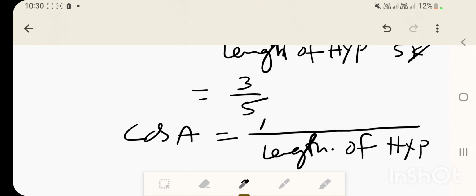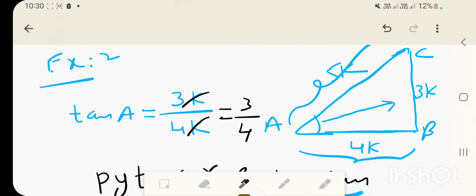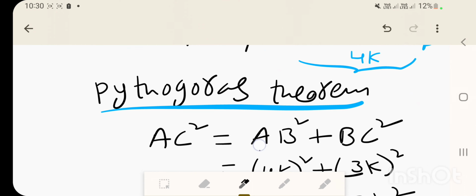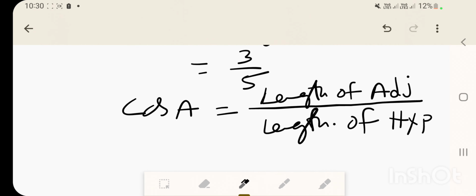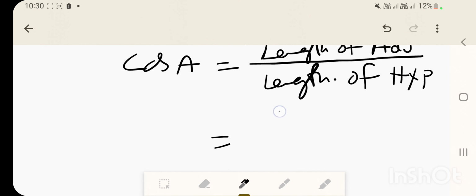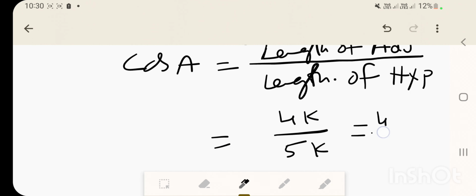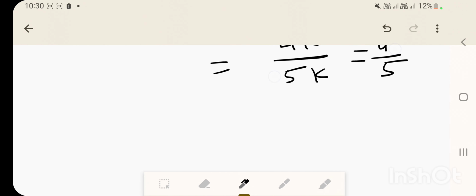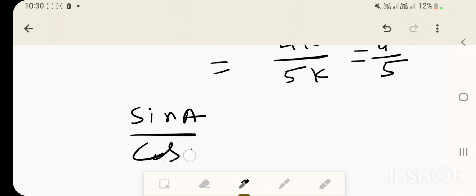It is the length of the adjacent side to angle A. So to angle A, the adjacent side is 4K, divided by the length of the hypotenuse, that is 5K. So we got it as 4 by 5. K will get cancelled.